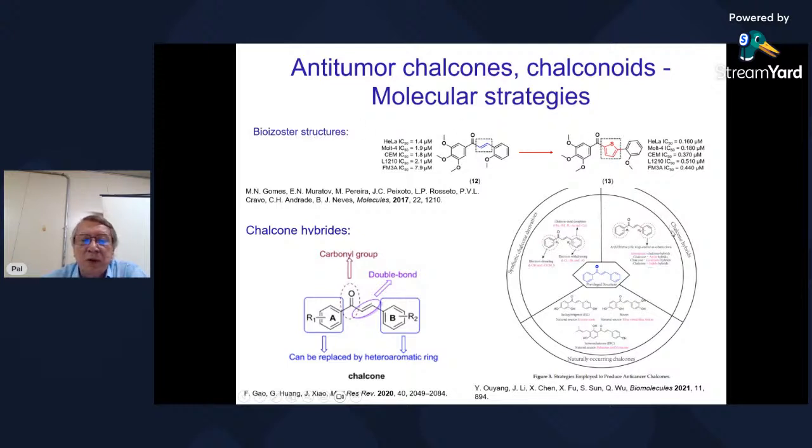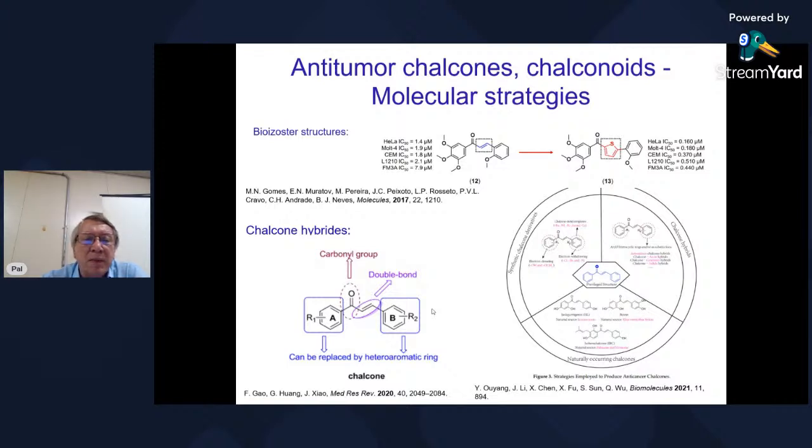And the third approach is the so-called chalcone hybrids, in which the chalcone moiety is incorporated into, or combined with, another compound which also possesses advantageous biological effects towards cancer cells.